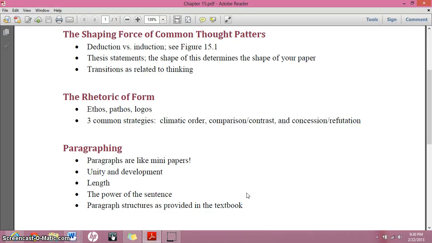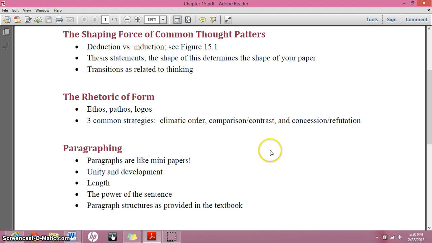Because you don't always have to have a topic sentence, 3 developing supporting sentences, and then a transitional sentence. I mean, that goes back kind of to the 5-paragraph essay that the book talks so vehemently against. So, I mean, I did say that they're like mini papers for that reason, and it is true. You do need to have those elements in there, but there are multiple ways in order to accomplish that.